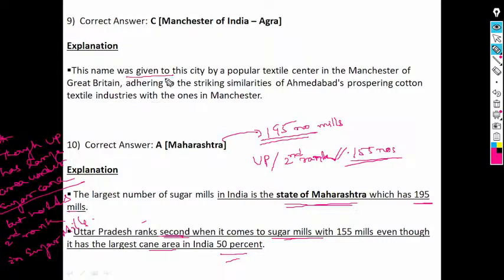This is all about sugar mills. Maharashtra number 1, UP number 2.